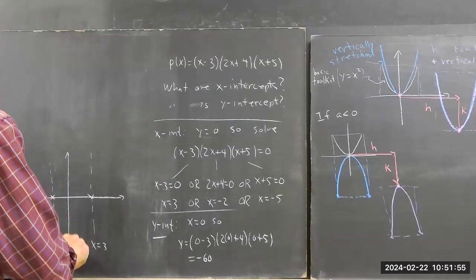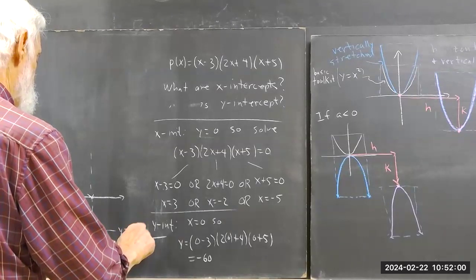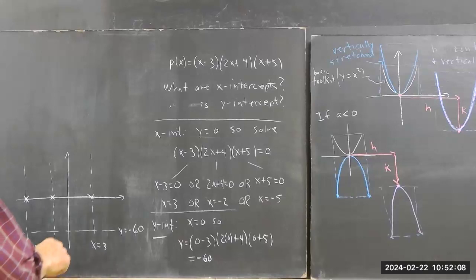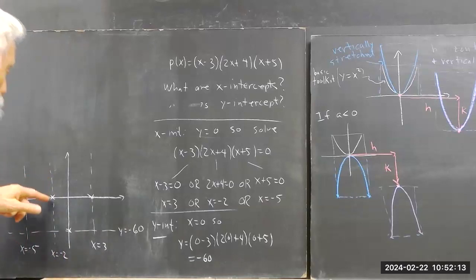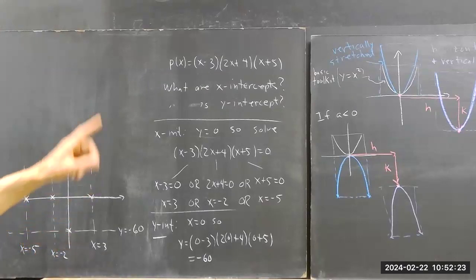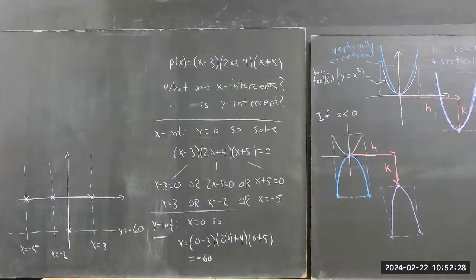So on our scale here, we now have a scale for our y values. Now, these are the only places the graph can go through the x-axis. Only here, here, here. This is the only place it can go through the y-axis. For reasons we don't have time for right now, but which you can understand from the open math assignments.